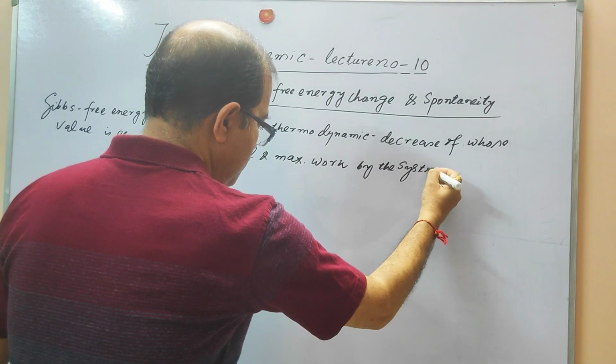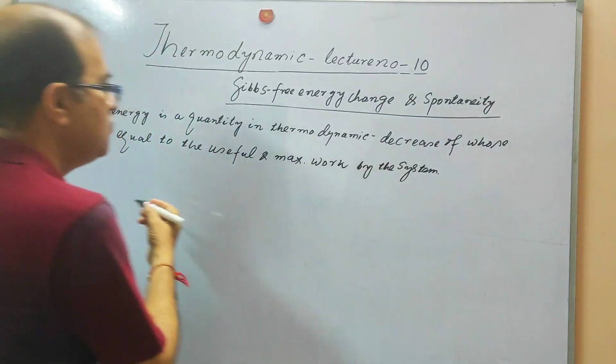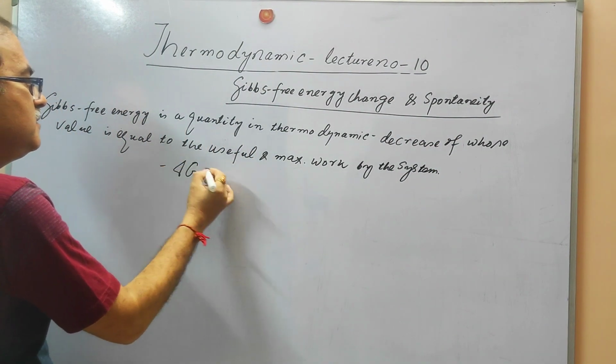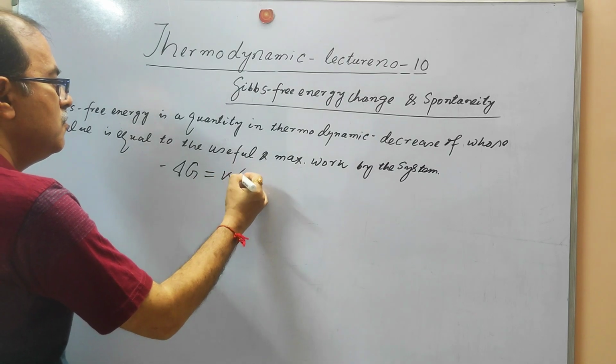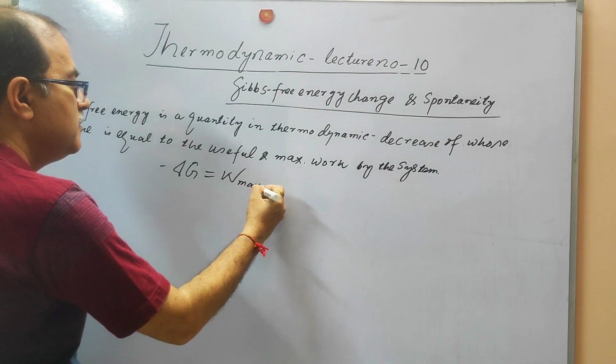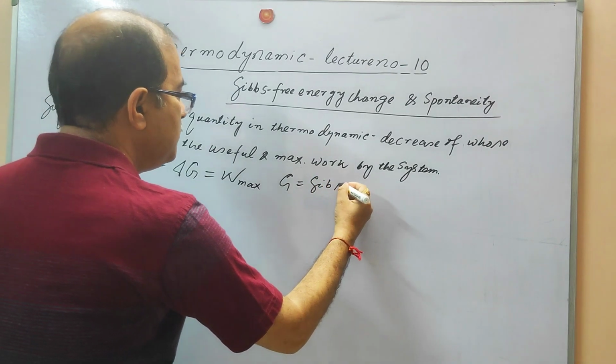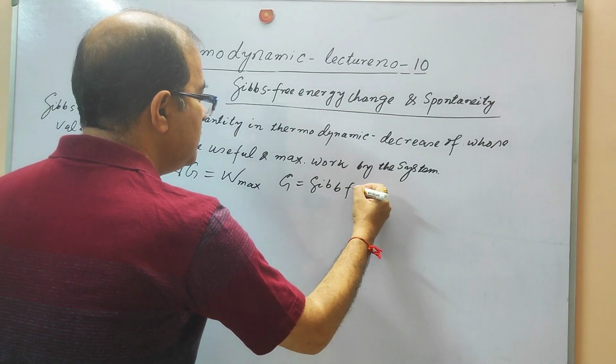It is written like this: minus delta G is equal to W maximum. Here G is the Gibbs free energy.